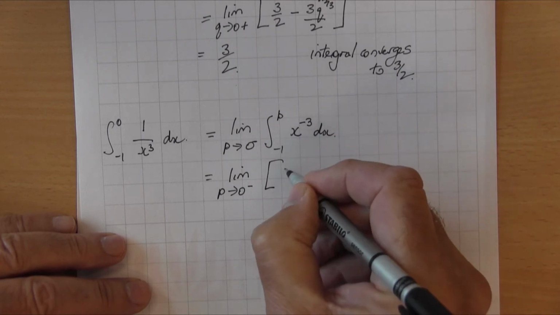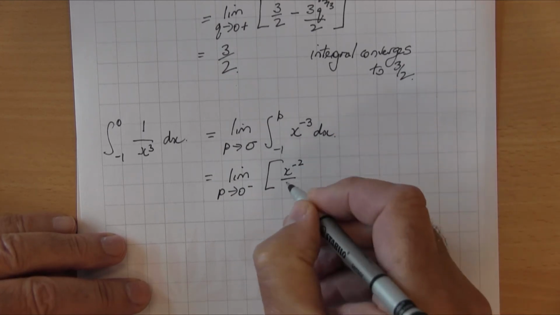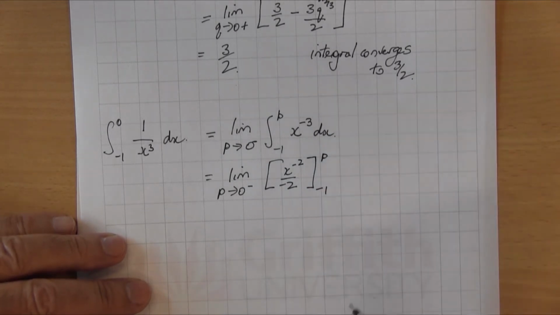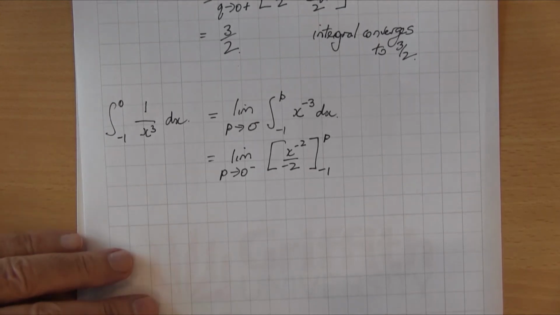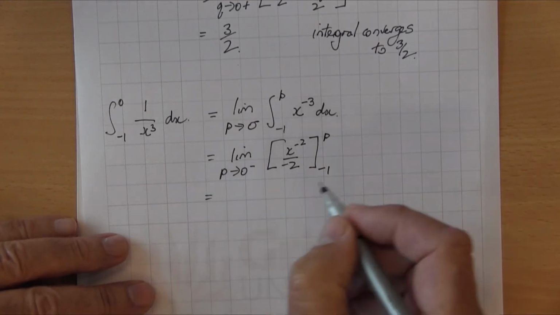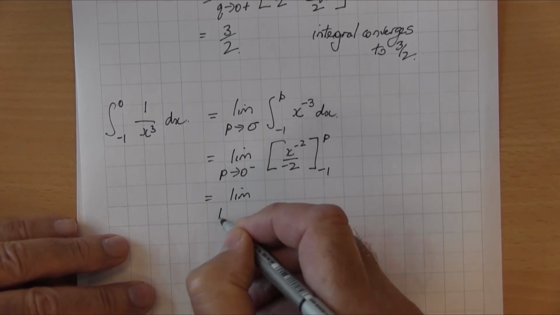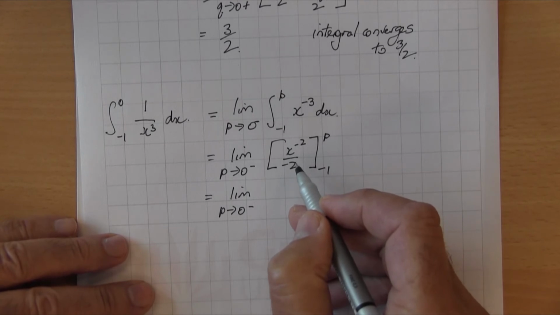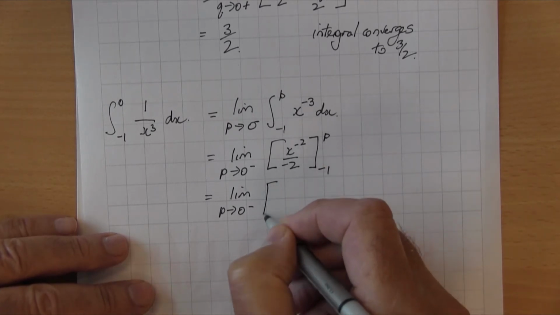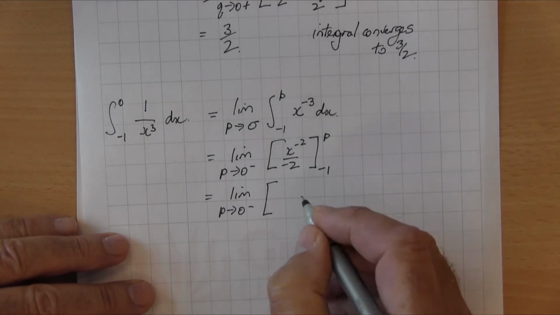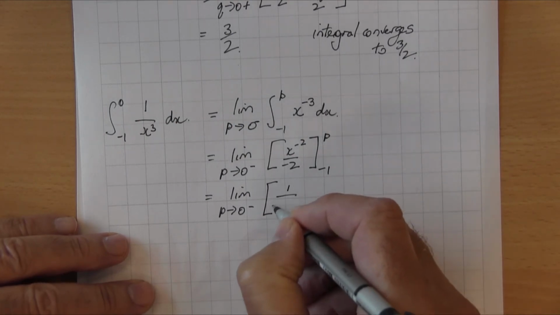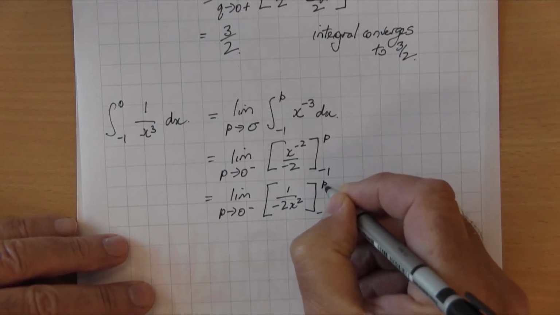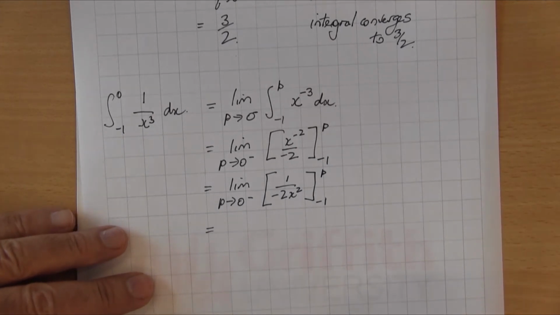So if we add 1 onto that, we'll get x to the minus 2 all over negative 2 between negative 1 and p. Probably a better way to write that is, x to the minus 2 is 1 over x squared, so that's 1 over negative 2x squared between negative 1 and p.